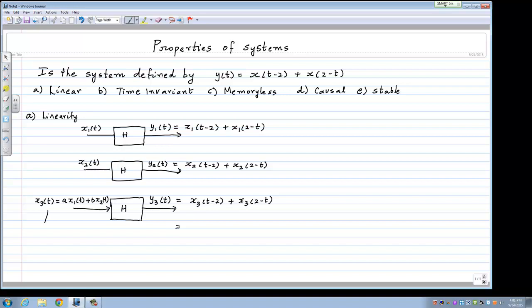Well, I can get x3 of t minus 2 by replacing t by t minus 2 in this expression. So that tells me that this is a times x1 of t minus 2 plus, what do I get? b times x2 of t minus 2.